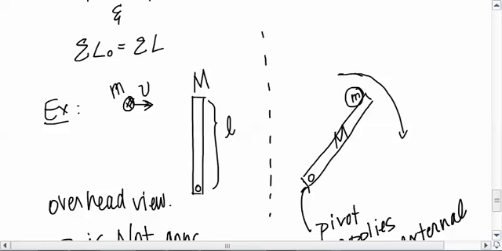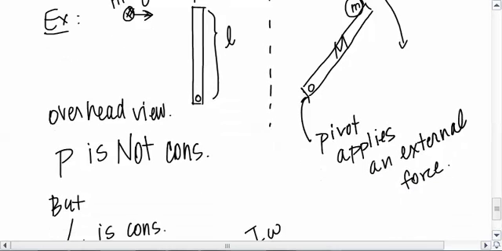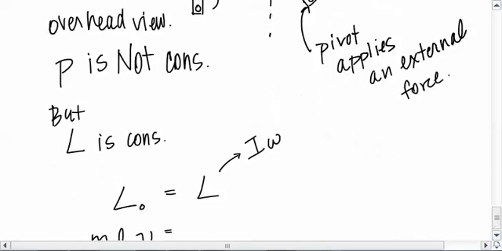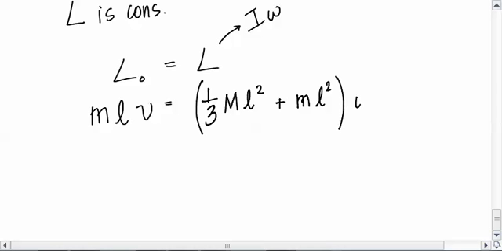Does anybody remember how to find the moment of inertia of a rod about the end? And then what about the point mass? Do I need to add its moment of inertia too? Yep. So 1/3 big M L squared takes care of the rod, plus then what was the moment of inertia of the little guy? m R squared. What's R going to be in this picture? L, so m L squared, all times omega.